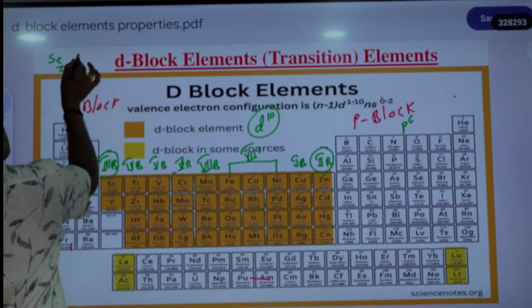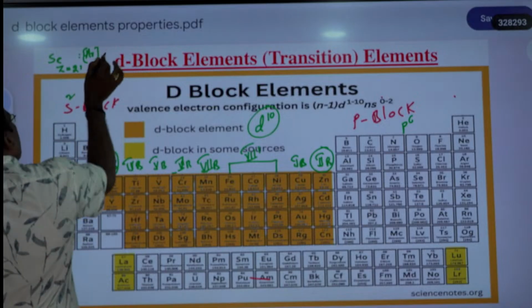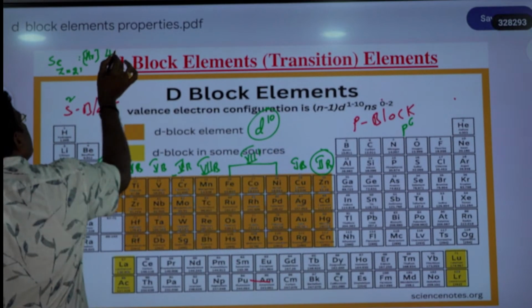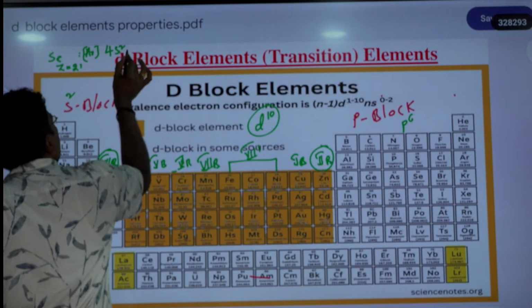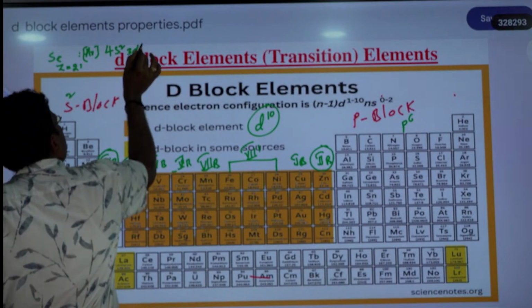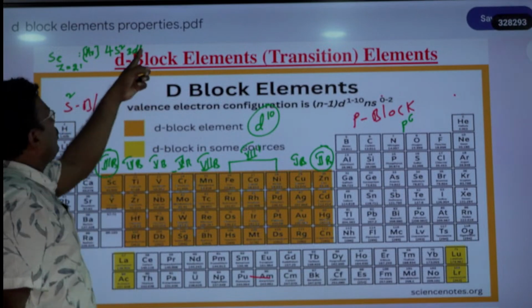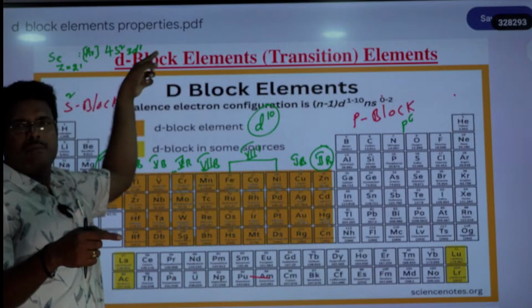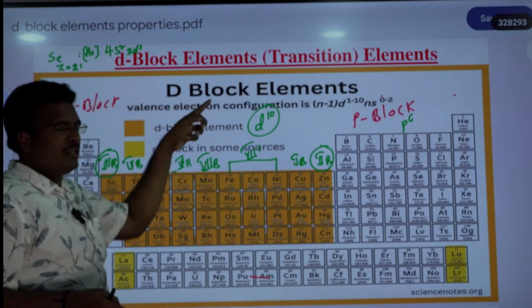Very, very important. So what is the configuration? Argon 4s2 3d1. So the outermost electron entered the D orbital. That's why it is the D block.